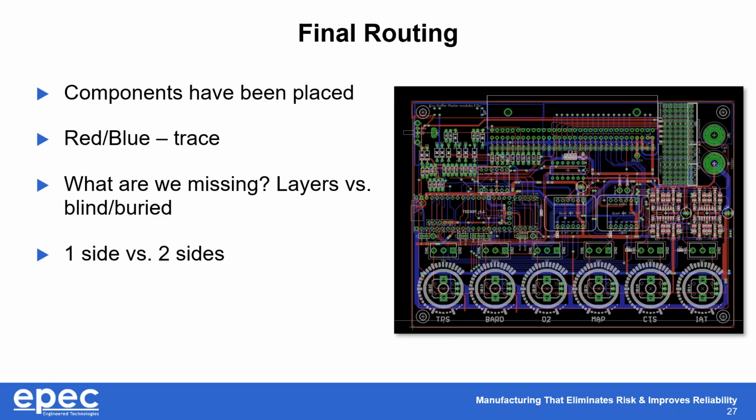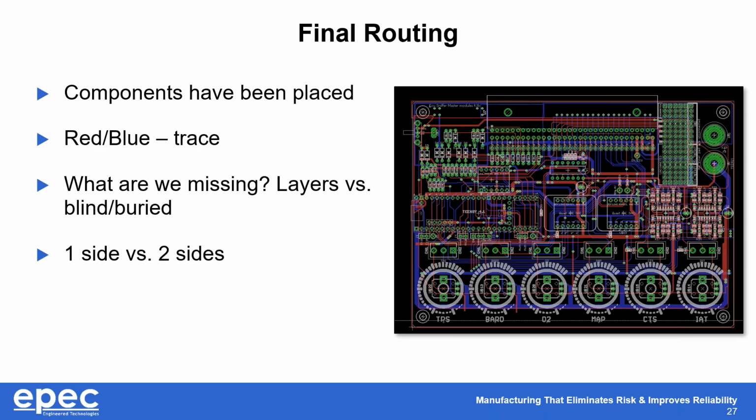So your final routing is done and your components are all placed and your circuitry has been placed from component to component. All the traces are on top, bottom, and maybe on an internal plane. So what are we missing? Well, if we haven't gotten everything placed, we may need to drop down and add layers.